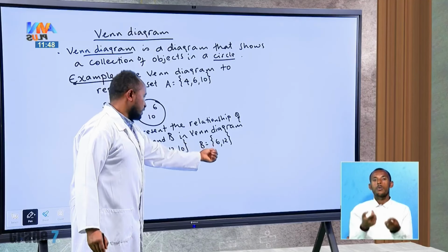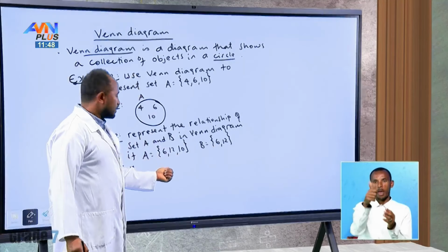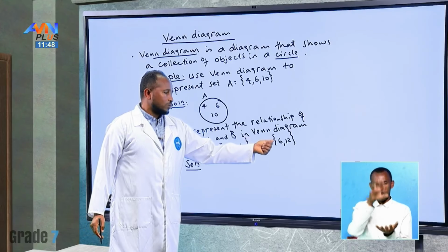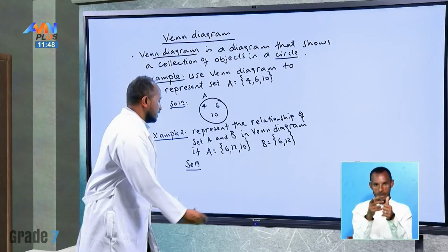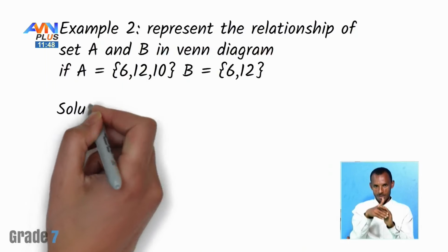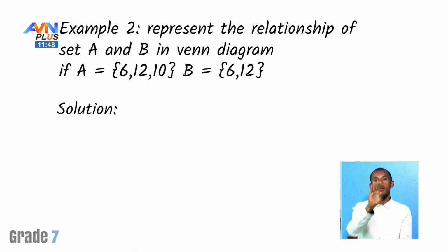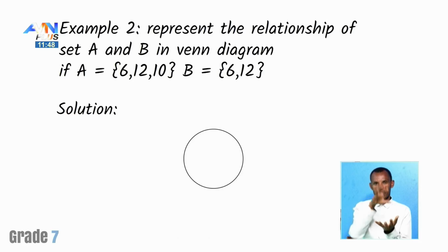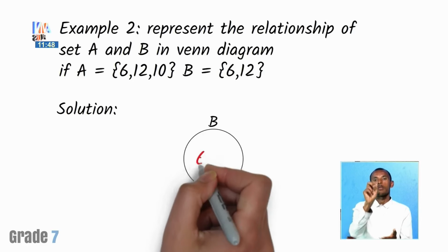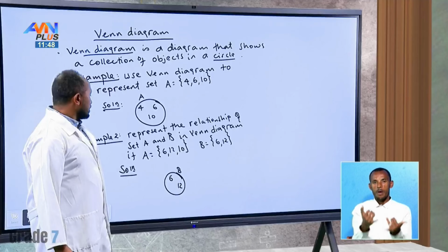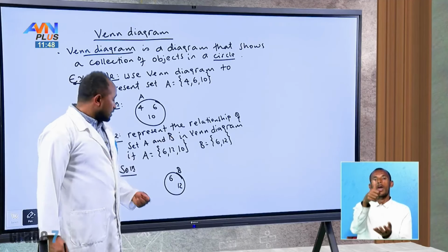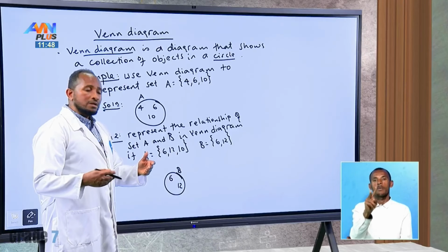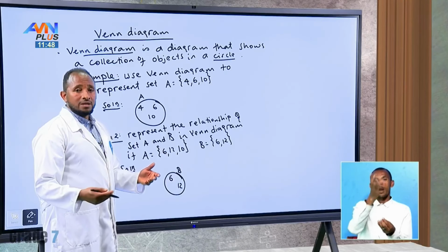When you see these two sets, A contains the elements 6, 12, and 10. B contains 6 and 12. So first, let me represent set B in a Venn diagram. Set B contains the elements 6 and 12. Now, set A contains these two elements, 6 and 12. In addition to that, it has one more element, 10.